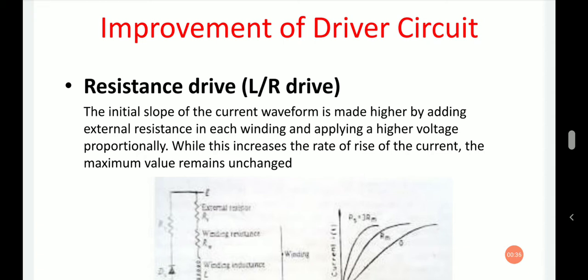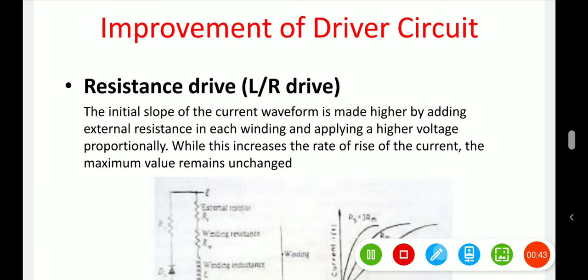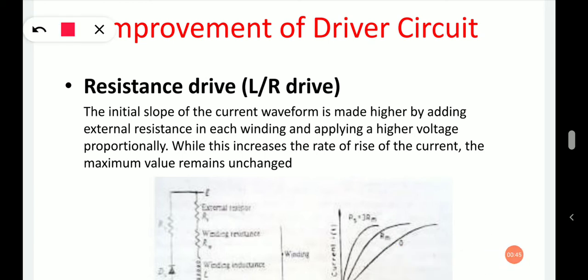So first, resistance drive or LR drive. Here, the initial slope of the current waveform is made higher by adding external resistance in each winding and applying a higher voltage proportionally.